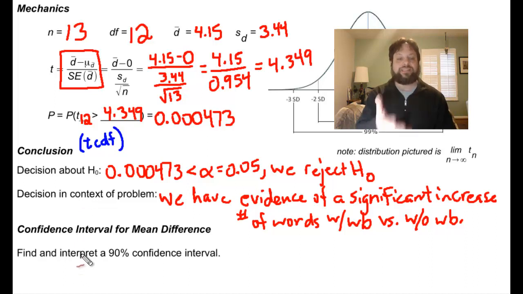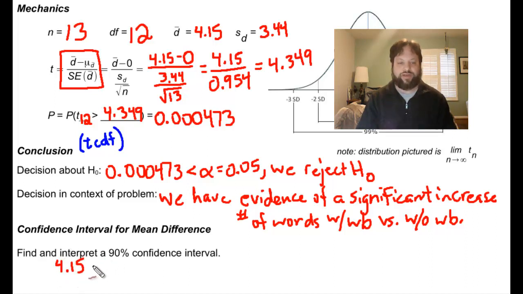Now, it also asks us to find and interpret a 90% confidence interval. This interval will, with 90% confidence, capture the difference in the number of words with a word bank versus the number of words without a word bank. Of course, your calculator will do this if you use the t-interval function. But what I'm going to do here is say that the difference we found was 4.15.